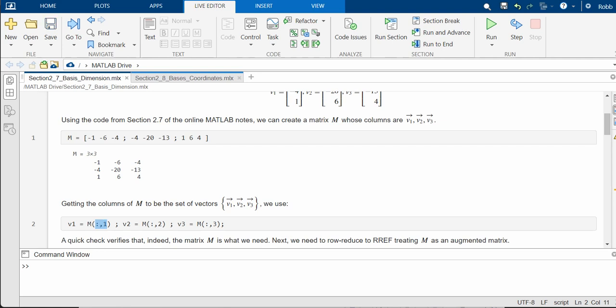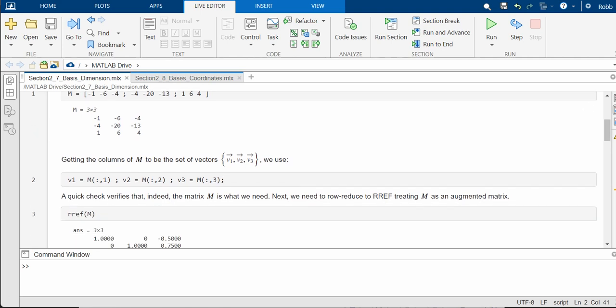For row, we use the colon operator, which is all the rows, and comma, column 1. So it's basically everything in column 1. So that gives us the vector V1. And so on for the vector V2. This is specifying column 2. And this is specifying column 3 for V3. Okay. But the matrix M is what we need, and we want to row reduce it.